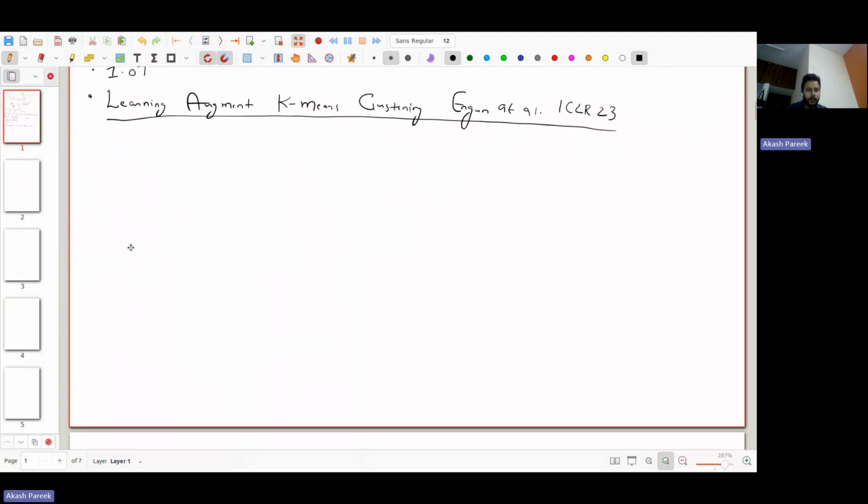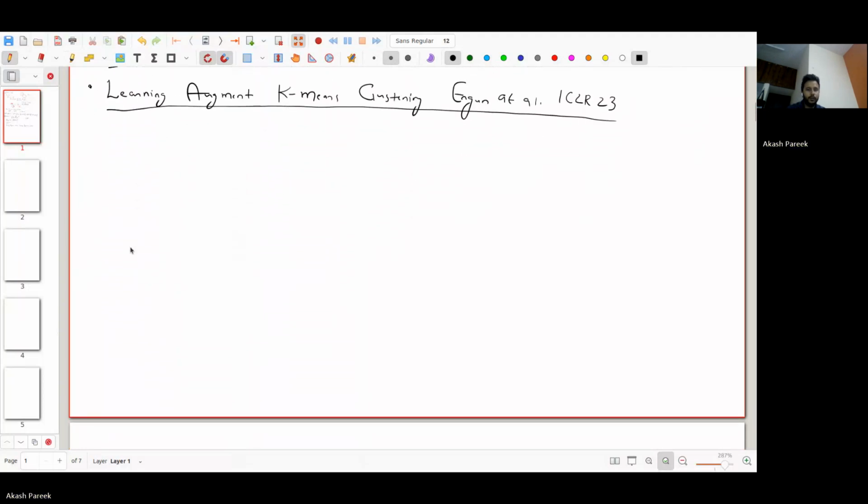So let me set the initial goals that we want to achieve. Again, the goal is the same. We have a bunch of points, and for simplicity I will use the notation as it is denoted in this paper, so that there is no confusion if you go and read the paper.